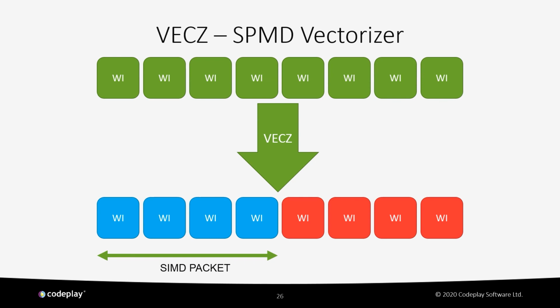Another toolkit component ComputeAorta provides is our VECZ compiler optimization, which vectorizes horizontally across a workgroup, primarily in OpenCL, and splits up into SPMD packets of work items, which get executed in parallel. And the reason this is in our toolkit rather than always happening in the CL runtime is because it might not be appropriate for all architectures.